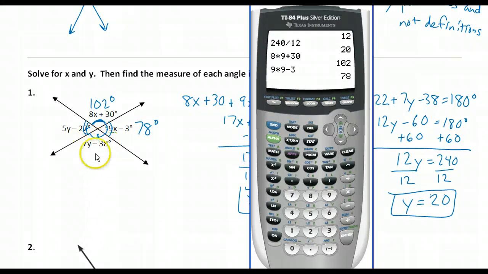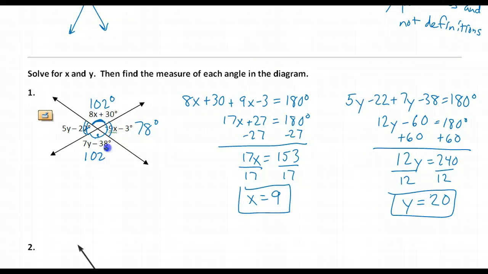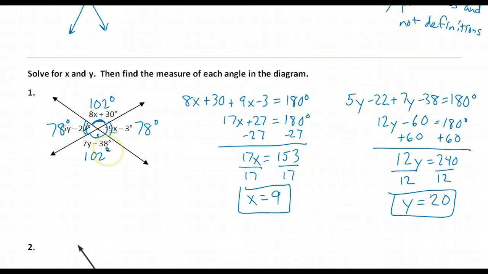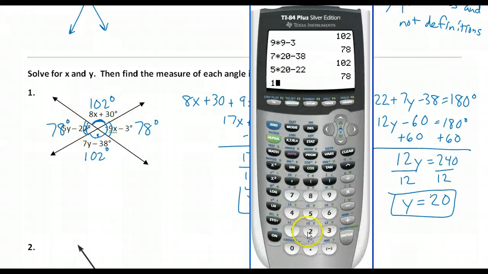And this angle is 7y minus 38, so I'm going to have 7 20's minus 38. And this angle is 5y minus 22, so I'm going to have 5 20's minus 22. Now if I look, my vertical angles are congruent, and my adjacent angles are supplementary. 102 plus 78 is 180 degrees.